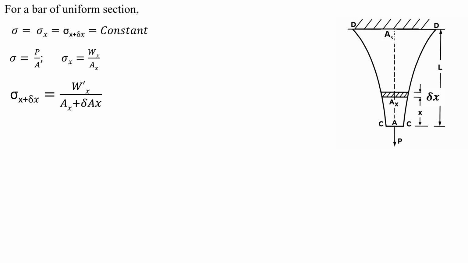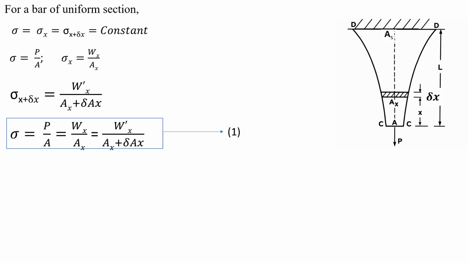So, sigma x equals Wx divided by Ax, and the stress at the upper end of the elementary section, sigma x plus dou x, equals the force on the upper end of the elementary section divided by its cross-sectional area, that is, W dash x divided by Ax plus dou Ax.